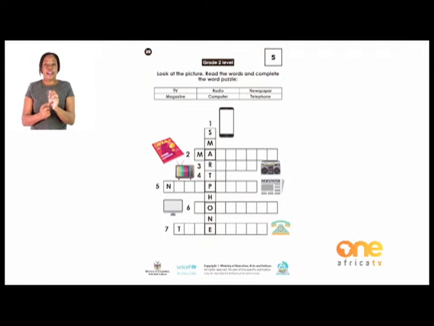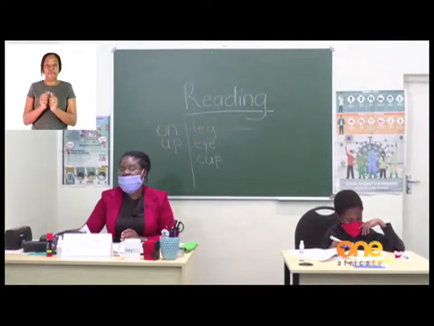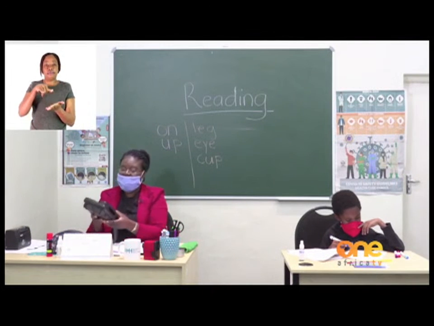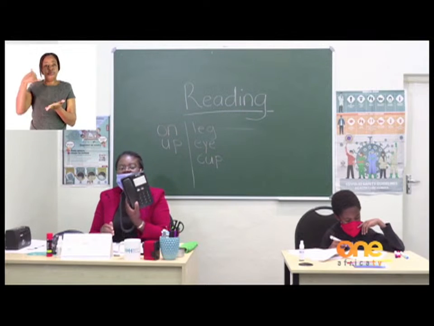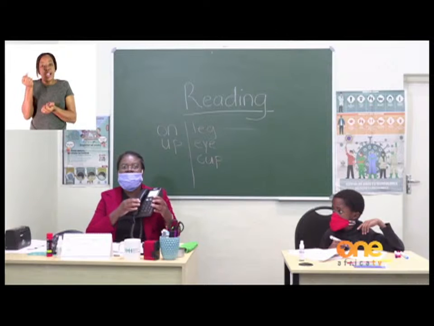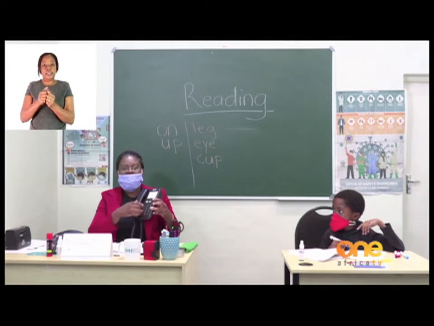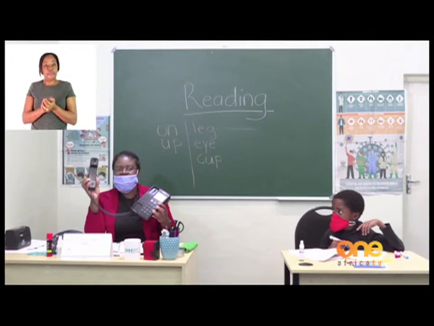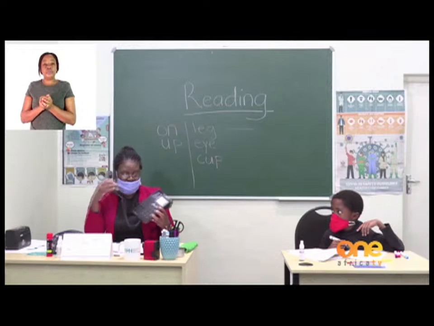Okay? So here with me on the table, I have this. Do you know what this is? It has got numbers. They are numbered here. And I have this, which I put on my ear when I talk.